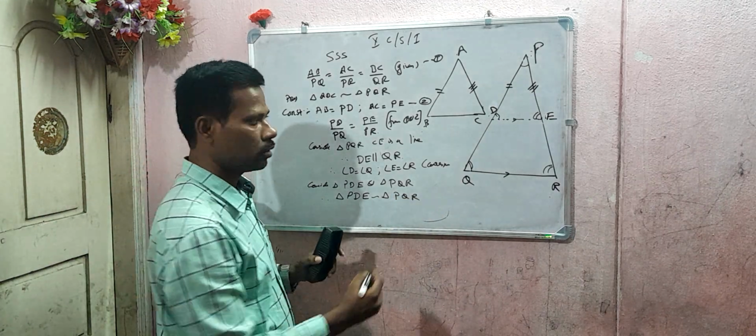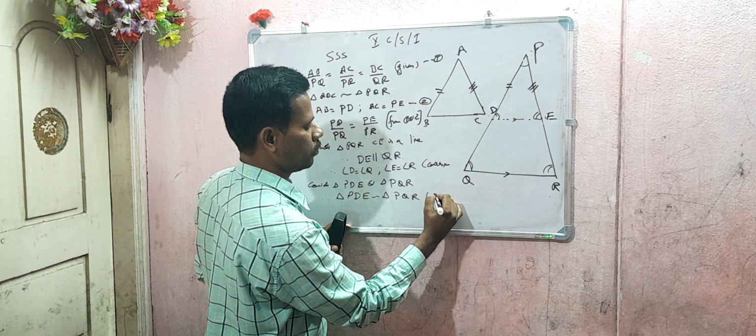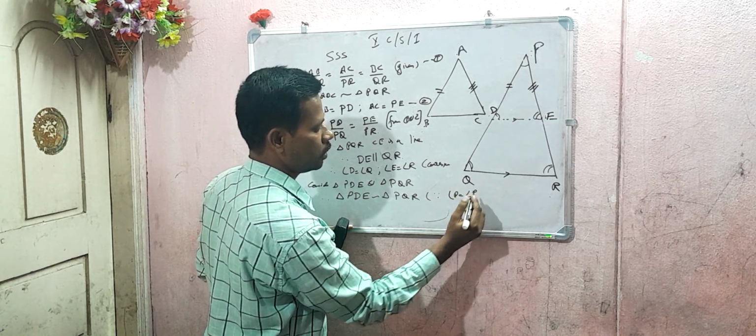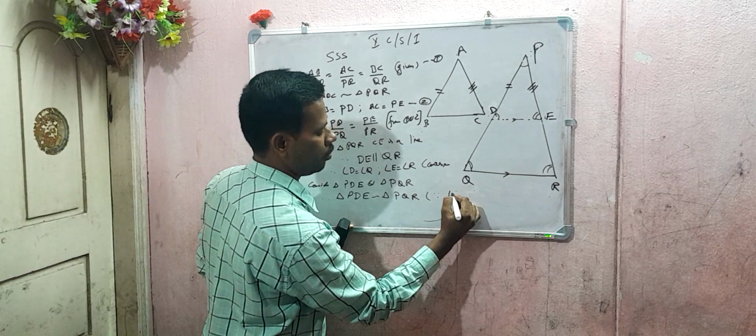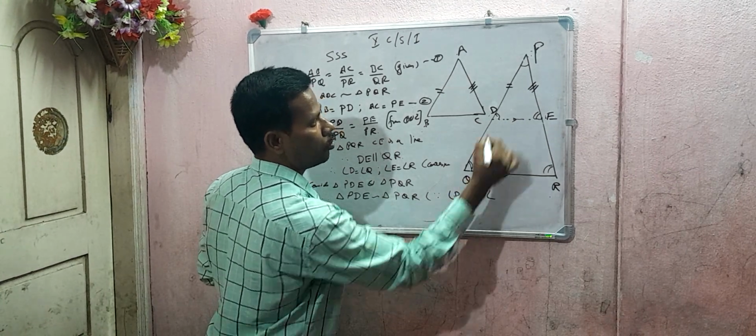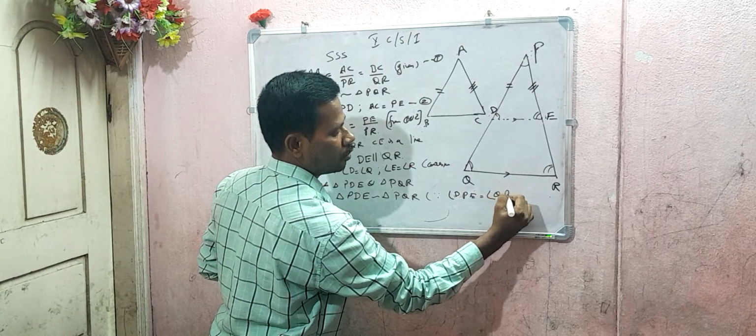Why is it like that? Because angle P is equal to angle P, or you can write angle DPE is equal to angle QPR.